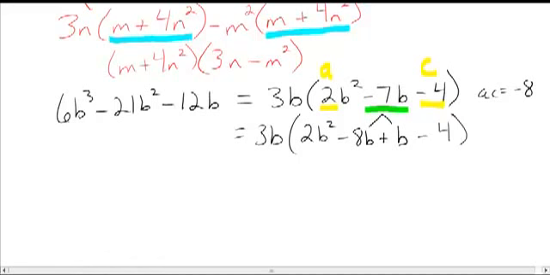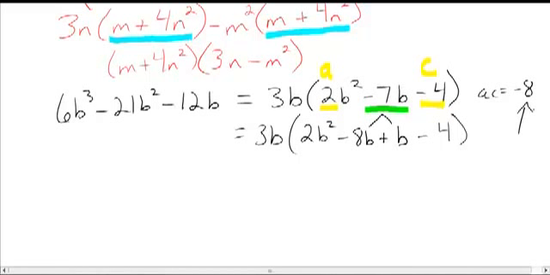See what I did there? Negative 8 and positive 1, you multiply them, you get negative 8, which is what we wanted, because a times c was negative 8. But if I add them, I still get negative 7b, so I did not change the value. It's just like taking the number 5 and rewriting it as 2 plus 3. 2 plus 3 is still equal to 5. But the reason I did that is that now I can do a factor by grouping here.